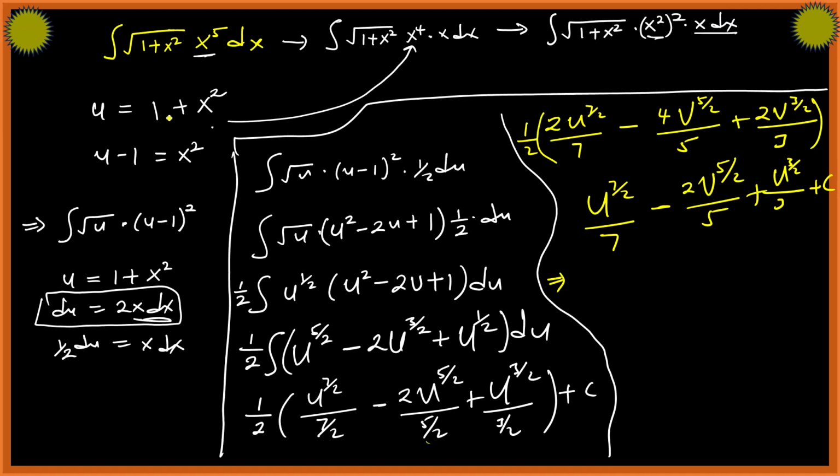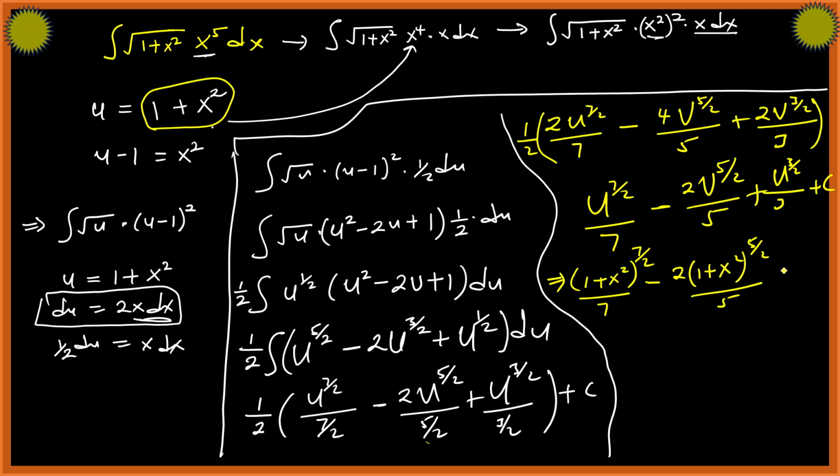We have u as 1 plus x squared, so we get 1 plus x squared raised to 7 on 2 over 7, minus 2 times 1 plus x squared raised to 5 on 2 over 5, plus 1 plus x squared raised to 3 on 2 over 3, plus c. Okay, so that is the result. All right, so thanks for watching.